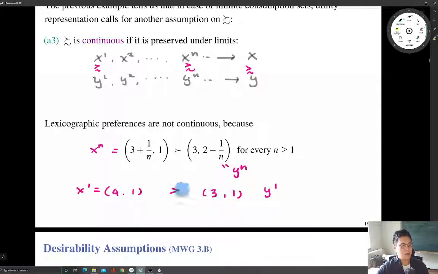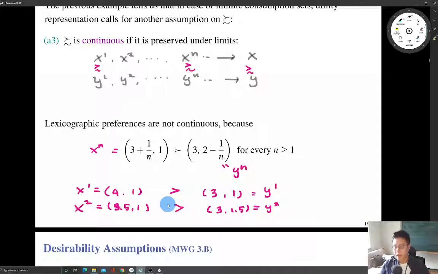And x super 2 is going to be 3.5 comma 1, and y super 2 is 3 comma 1.5. Still x super 2 is strictly better than y super 2. So for every natural number n, you can easily find x super n is better than y super n.